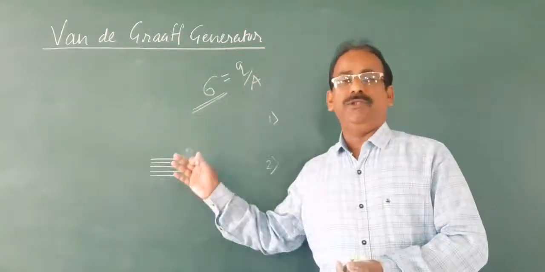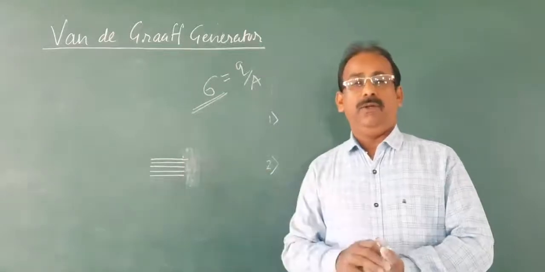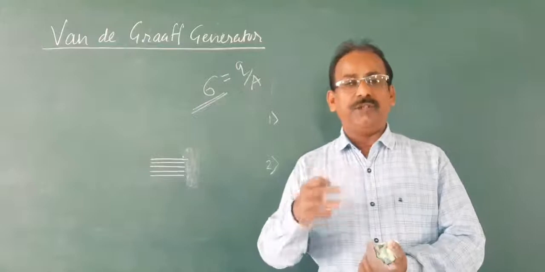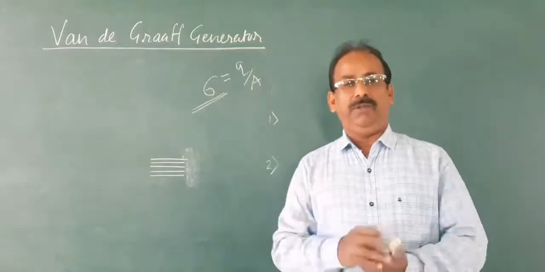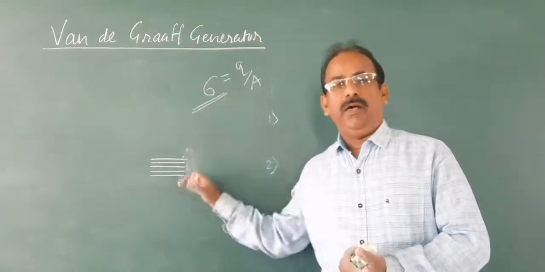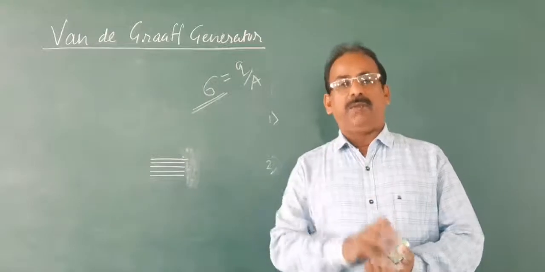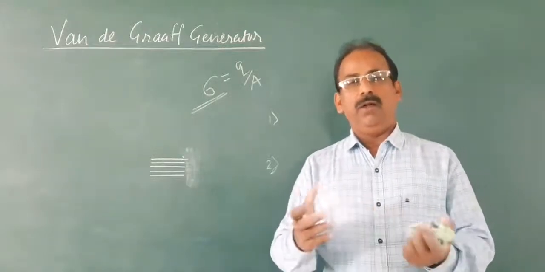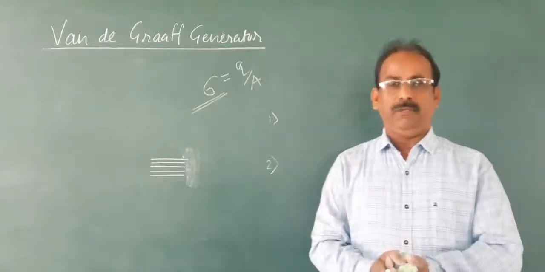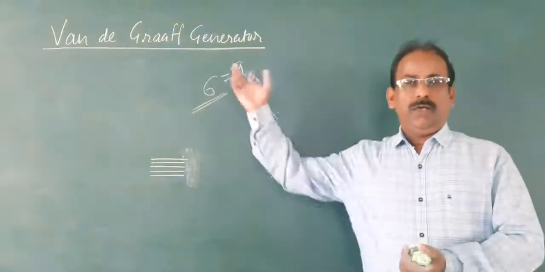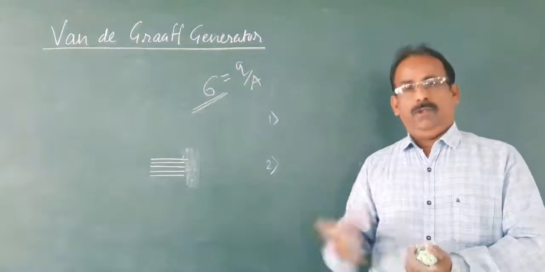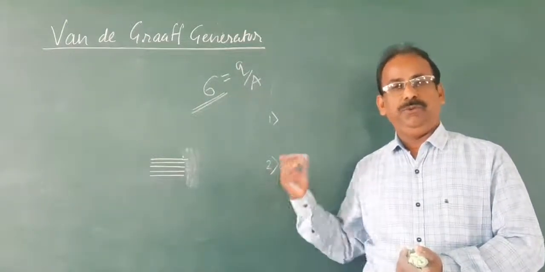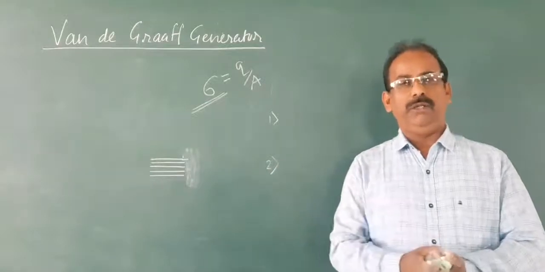When charge is given to this wire, discharging of this charge takes place at this end. The air surrounding that wire gets ionized. This is called corona discharge. In this generator, this principle called corona discharge is used.